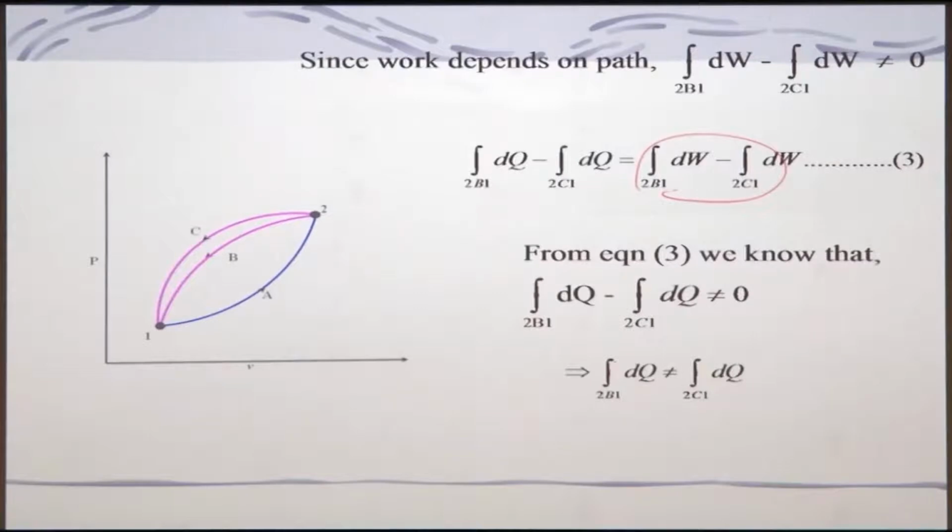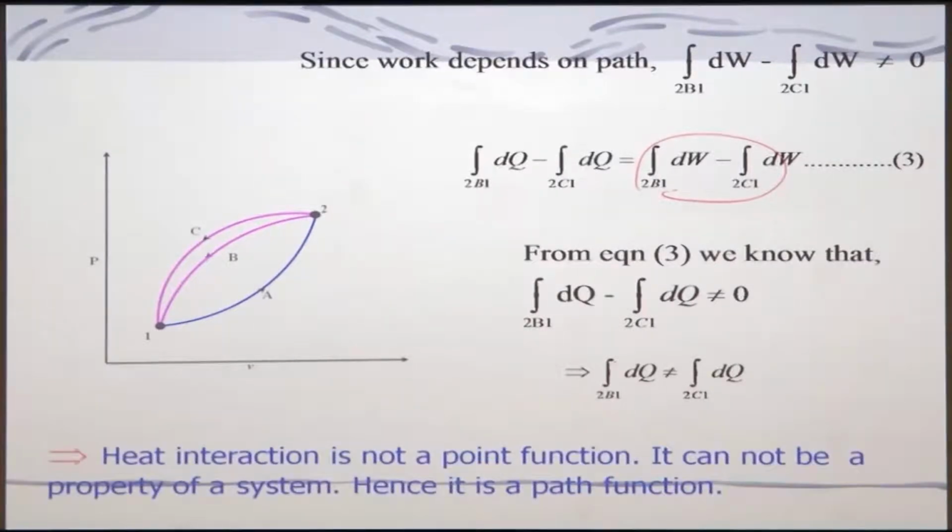Therefore, we can call it that heat interaction is not a point function, rather it depends on the path. Hence, as it is not a point function, it cannot be a property of the system. We have already discussed that earlier, but now using the first law of thermodynamics we can deduce that it cannot be a point function or a property of the system; rather, it is a path function.